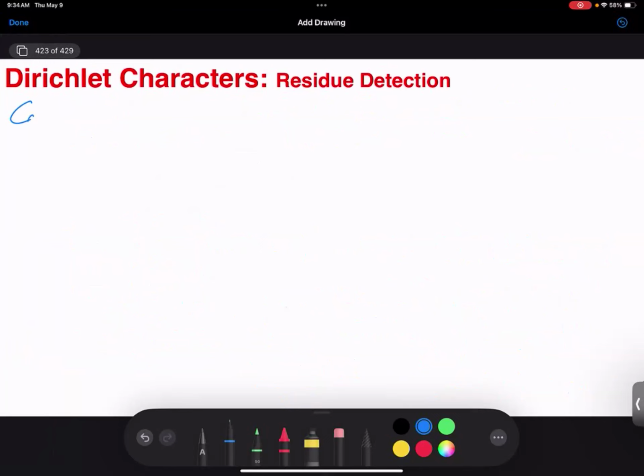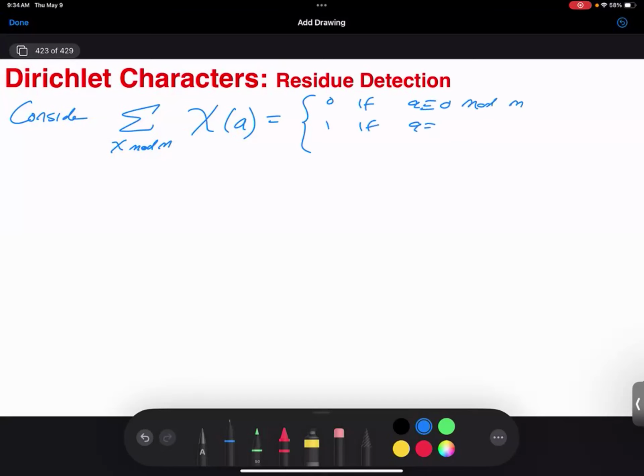Now consider the sum over all chi mod m of chi of a. This is going to be 0 if a is congruent to 0 mod m, 1 if a is congruent to 1 mod m, and 0 otherwise.